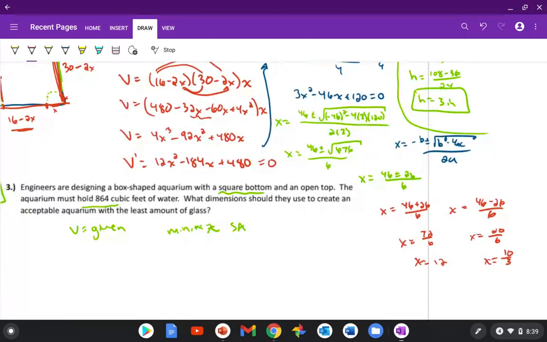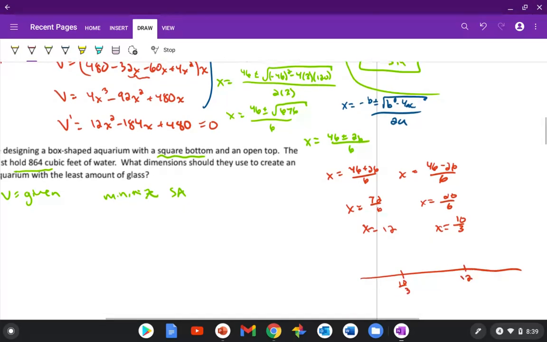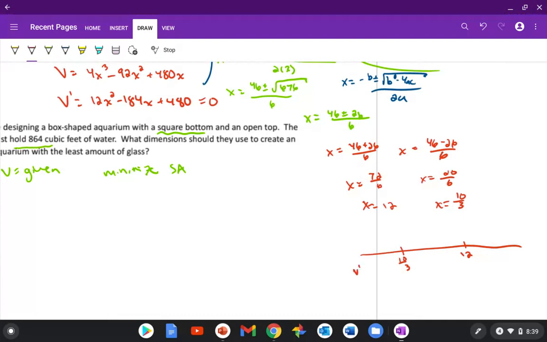So we've got to figure out which one. Now, again, what you could do is you could do this number line deal, 10/3 and 12. You could then plug in v prime of a number less than that, say like 0. If you plug in v prime of 0, you're going to get a positive. And then do v prime of, say, 5.